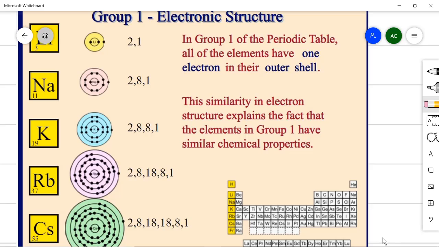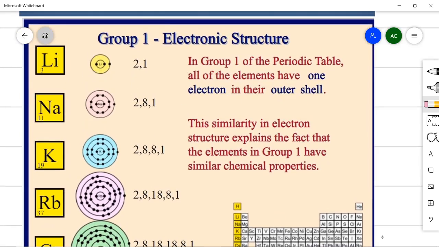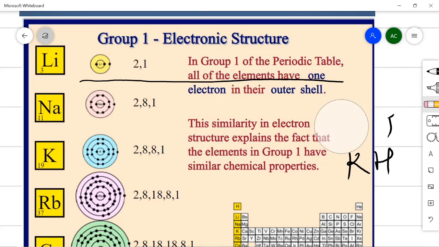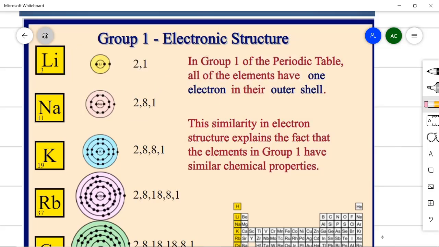Then the next property is they form hydrides with hydrogen. If I react lithium with hydrogen, I will get LiH, that is lithium hydride, then sodium hydride, potassium hydride, etc. And they form basic oxides with oxygen. Always remember, metallic oxides are basic in nature.